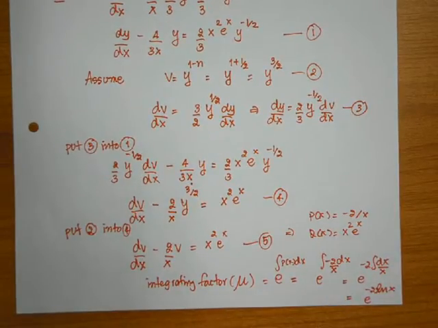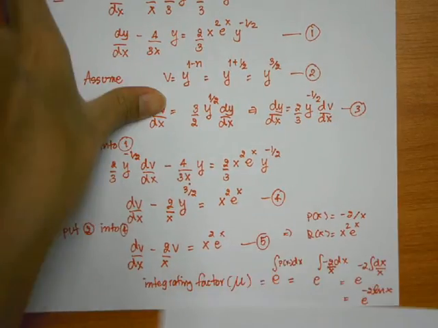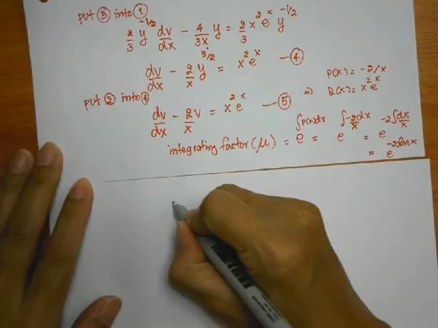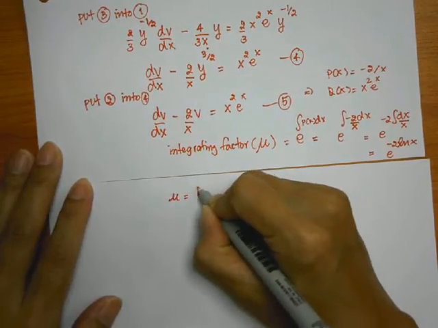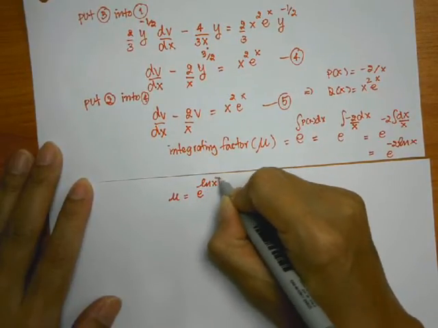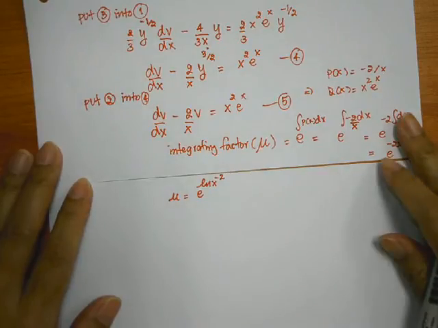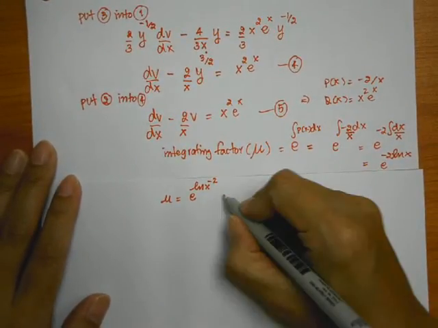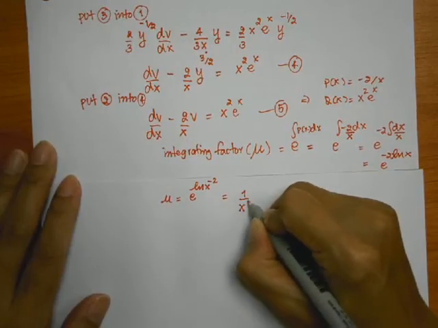Sorry, I missed this x there. So negative 2 times ln x. So our integrating factor mu is equal to exponential of ln x to the power negative 2, which is equal to 1 over x squared.